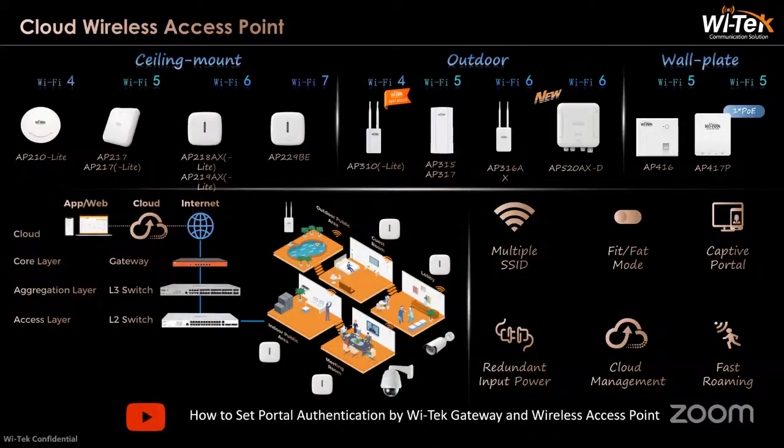We also have ceiling mount access points, outdoor access points, and wall plate access points for the customer's different requirements. We support fit and fat mode, captive portal, cloud management, and fast roaming. Okay, let's have a look at how to set portal authentication by the Wi-Tek gateway.